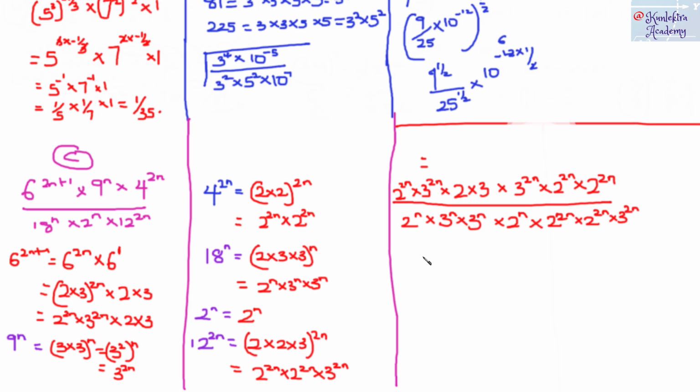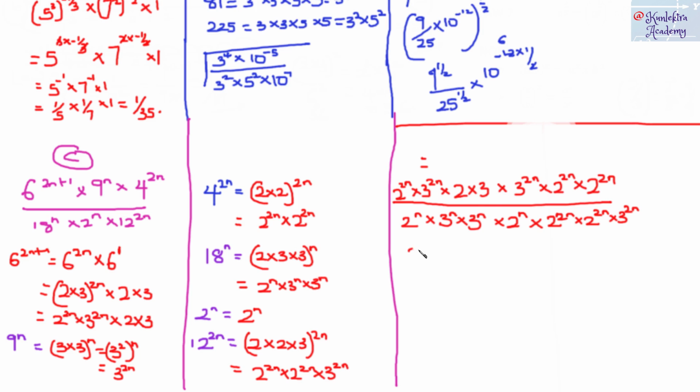Find all those entities that have the same base and simplify them together. Bring all the 2's together and bring all the 3's together.